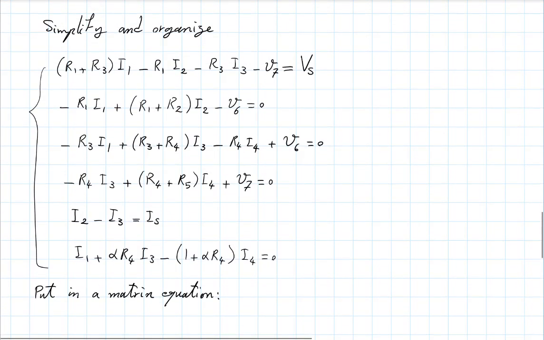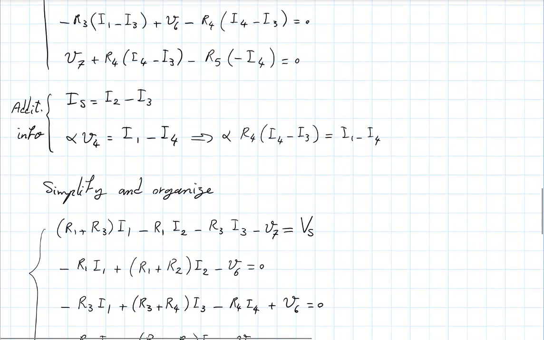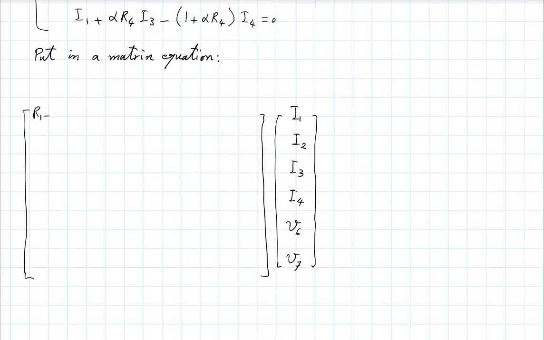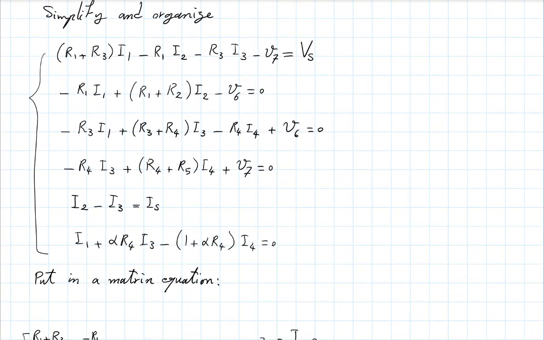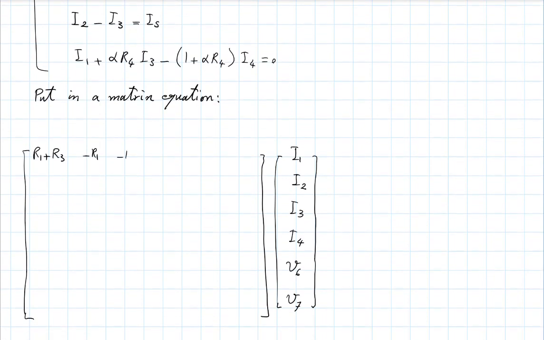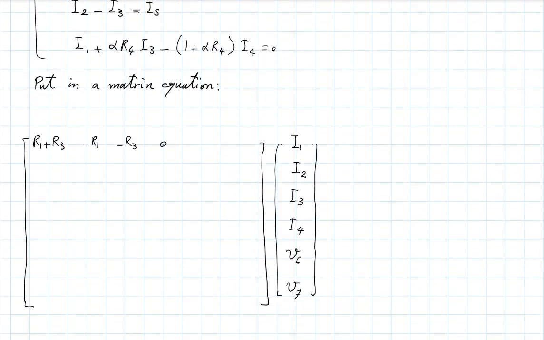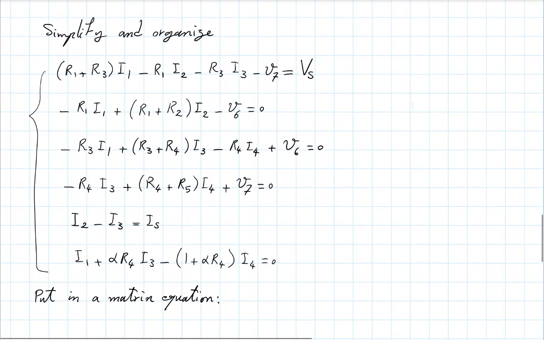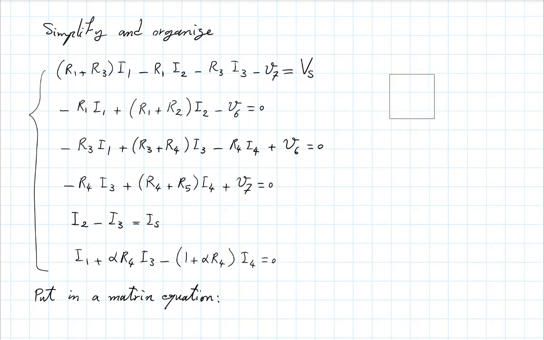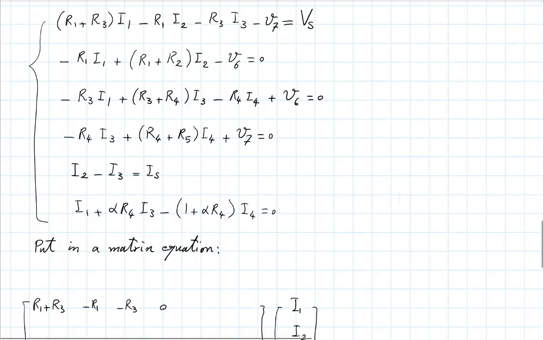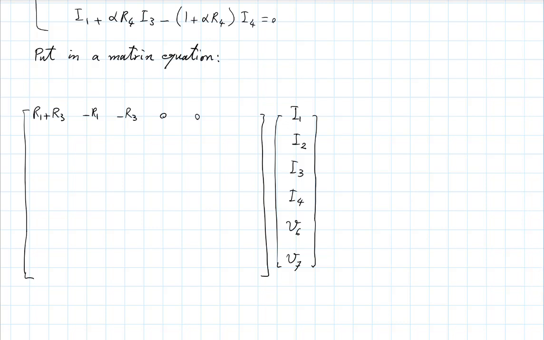Sorry, is it R1 plus R3? Yeah. And then minus R3. Then I need the coefficient in this equation for I4, and that's 0 because I4 doesn't exist in the equation. So it's like you have 0 times I4. The coefficient for V6 is similarly 0, and the coefficient for V7 is minus 1. So 0 and minus 1.